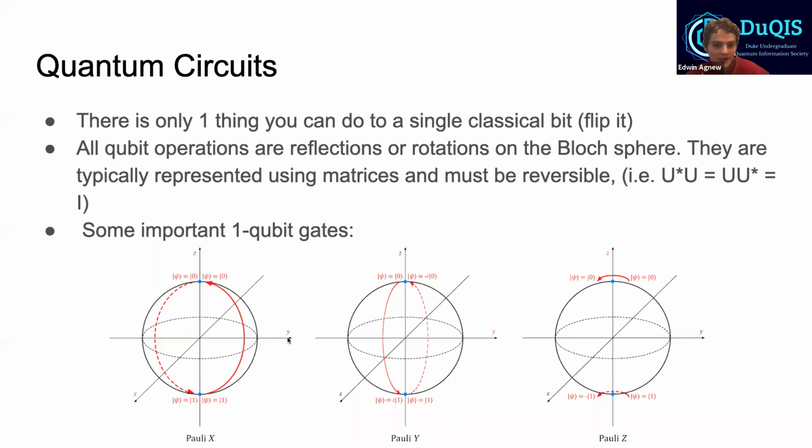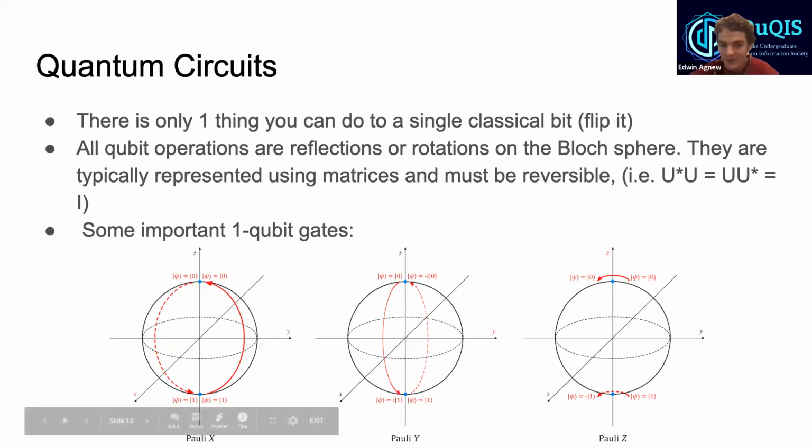So yeah, the one thing you can do to a classical bit is flip it. So you can turn it from a 0 to a 1 or a 1 back to a 0. You're probably going to guess that on a quantum computer, there is a much bigger range of things you can do to a qubit. And these are all represented as reflections or rotations on the Bloch sphere, which is these spheres at the bottom.